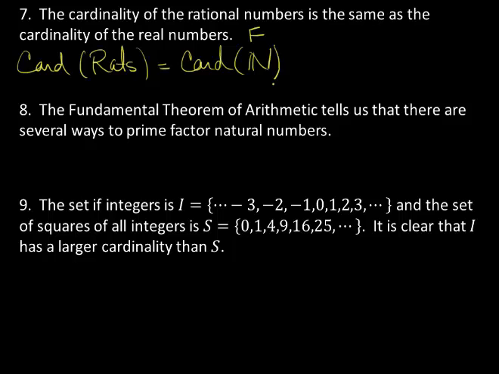So we know that the cardinality of the rationals is equal to the cardinality of N, and using Cantor's diagonalization, we proved that that is not equal to the cardinality of the reals.